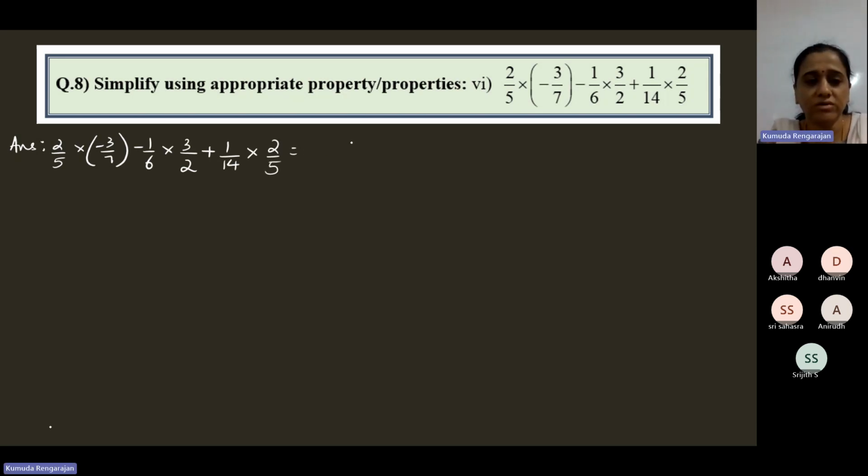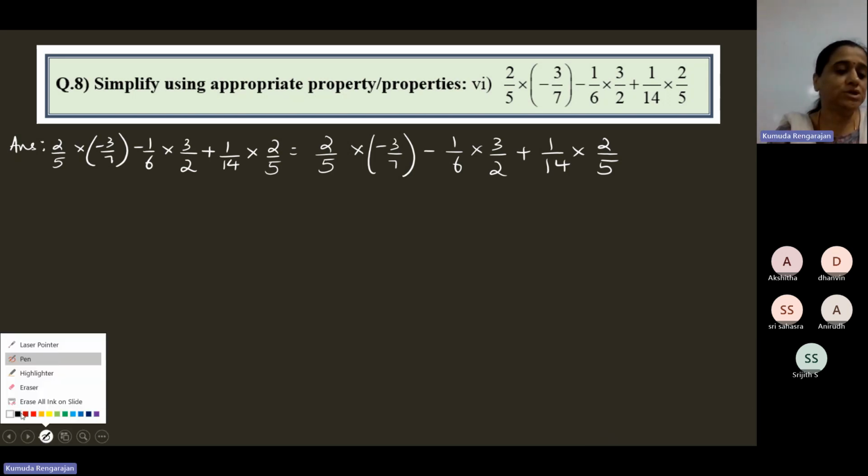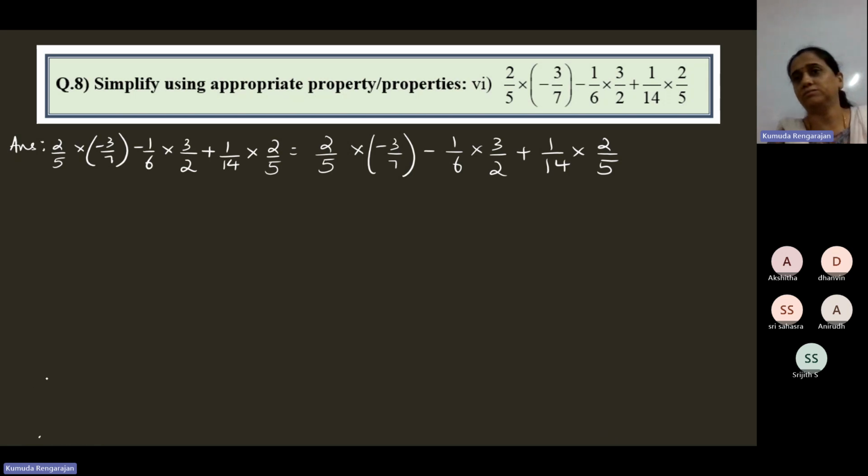So what you have to do is write the expression again. And then insert brackets. So how many multiplication signs can we see? 3.